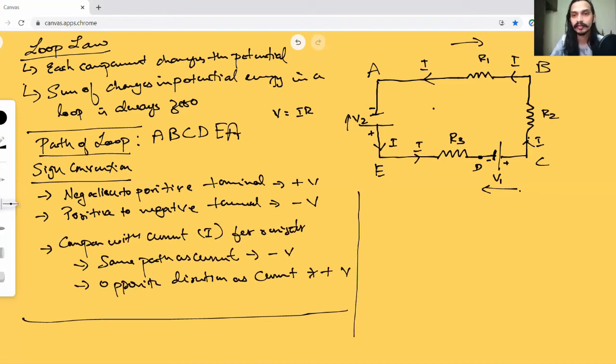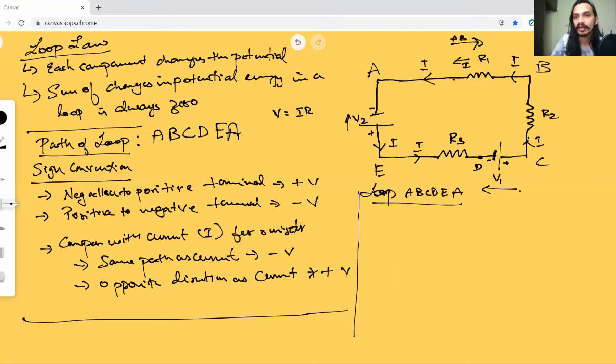Let's start from this loop. The name of the loop is A, B, C, D, E, A, right? All right. A to B. If I'm going from A to B, this is my path of movement, but this is the path of current.